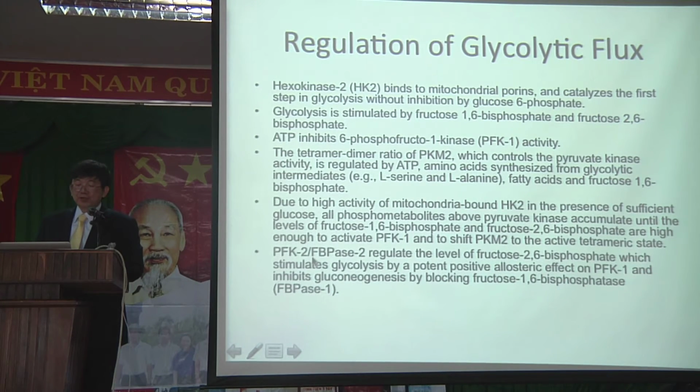PFK2 or FBPase2 regulates the level of fructose 2,6 bisphosphate, which stimulates glycolysis by a potent positive allosteric effect on PFK1 and inhibits gluconeogenesis by blocking fructose 1,6 bisphosphatase.